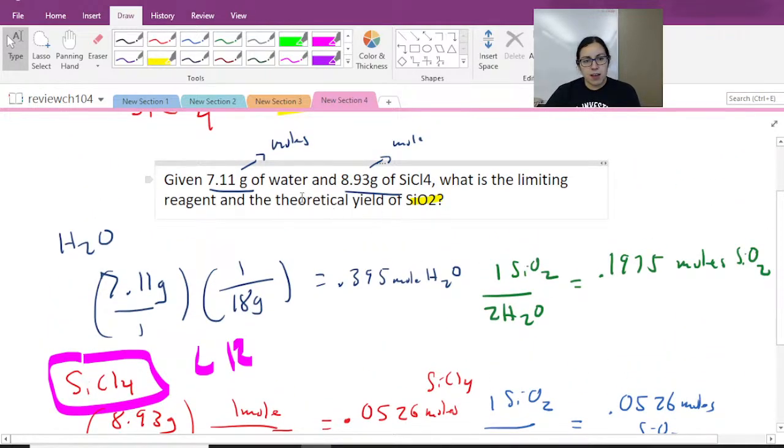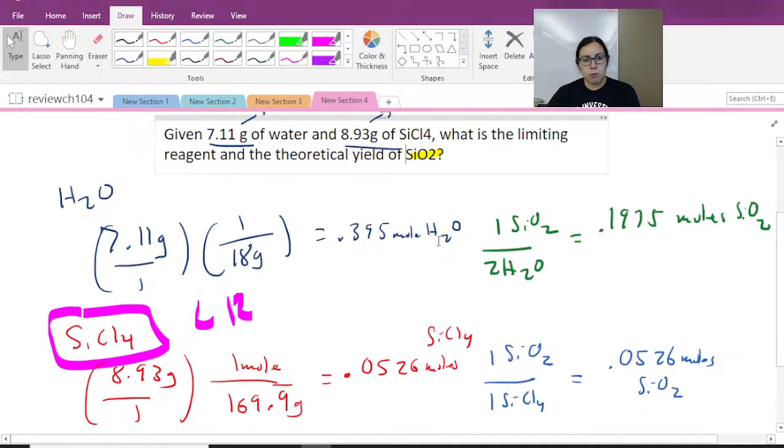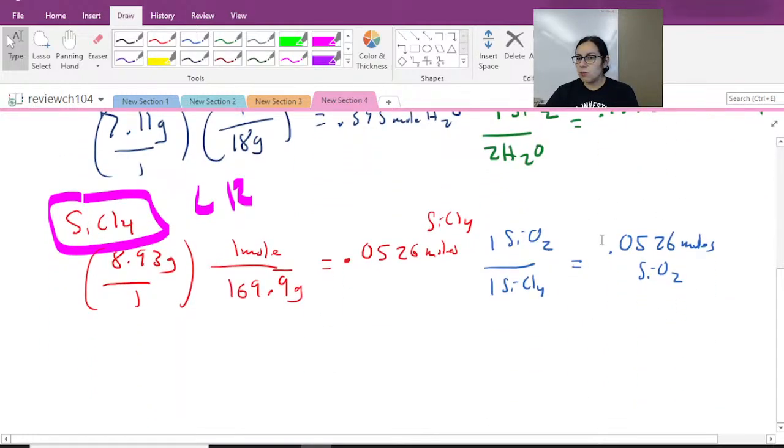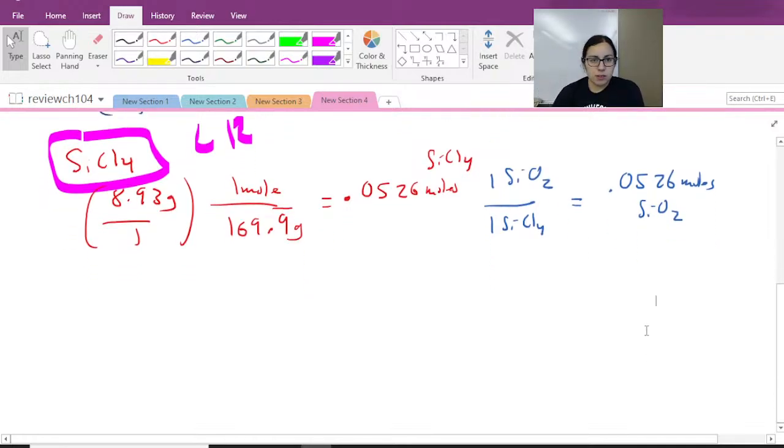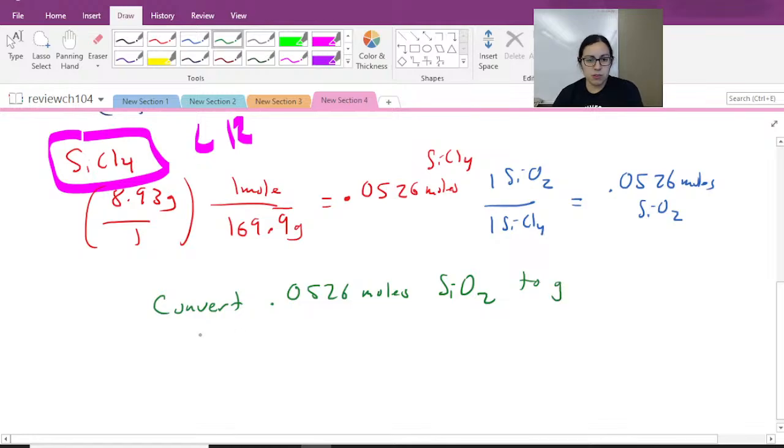And so now let's go ahead and figure out the theoretical yield given our limiting reagent. And so we just need to convert this to grams essentially. So did we do that? So now convert 0.0526 moles of silicon dioxide to grams.